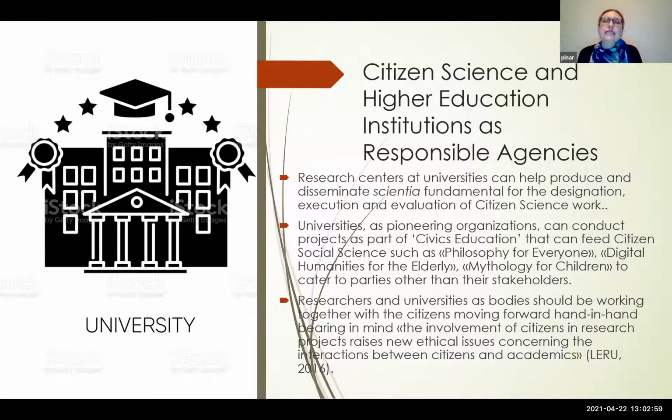They are citizen science projects, and they can be handled at the same time as part of civics education. So researchers, academics, faculty, and of course citizens should work together here to do some meaningful work toward understanding different dimensions of society.